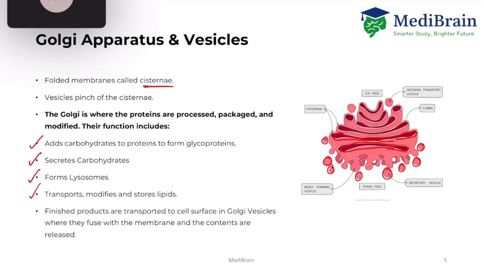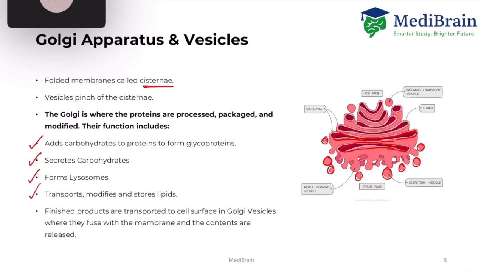You just have to have a general gist of what they can do. The general function that you will be required to know is that the Golgi apparatus is there to process, package, and modify the proteins which have come in from the ribosomes and the rough endoplasmic reticulum. These additional functions you just have to have a general idea about.